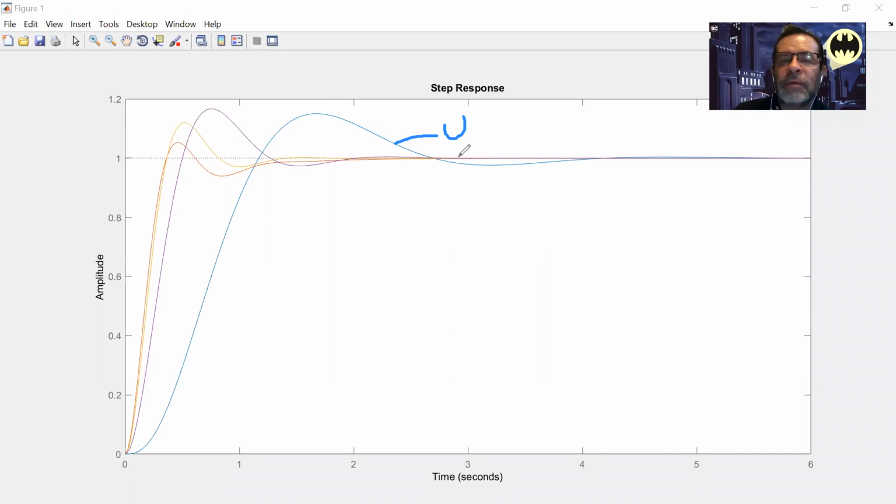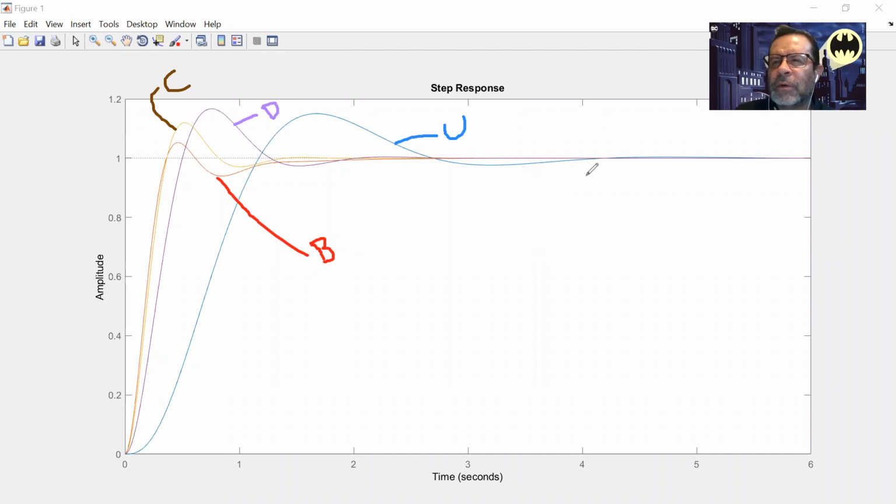We're less than the 16%, but it might be a bit slow to respond. It's slower to respond. Then we've got the red one, which is compensation B with S plus 2. And then the brown or yellow, in this case I see it yellow, is compensation C with the S plus 3. And then the purple is D with S plus 5.